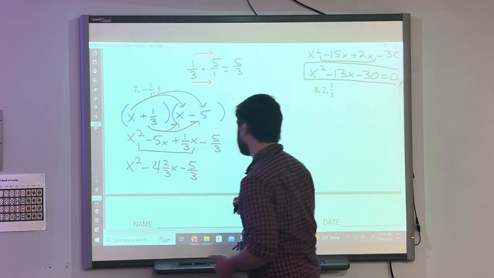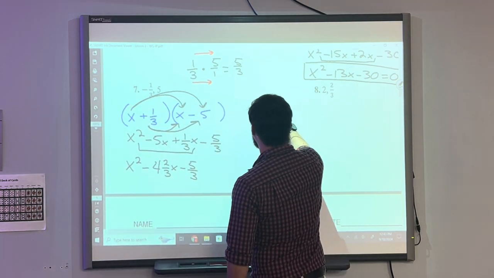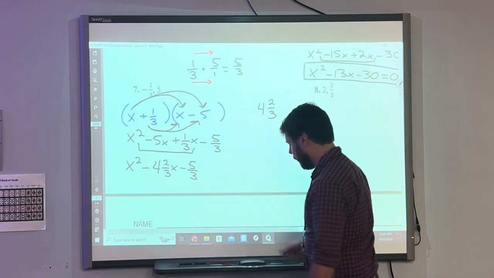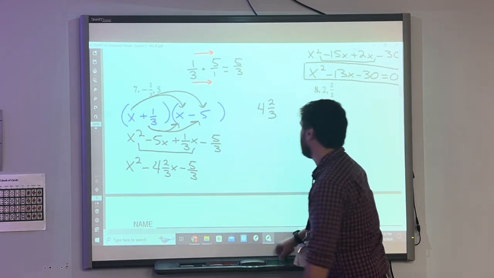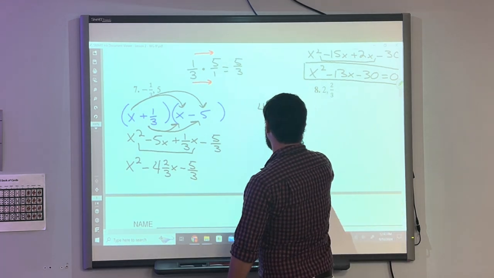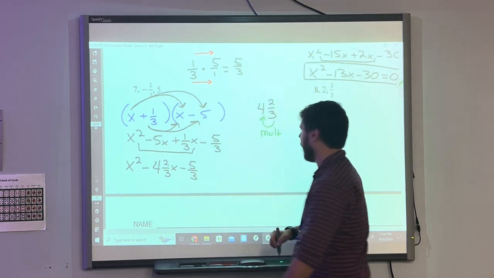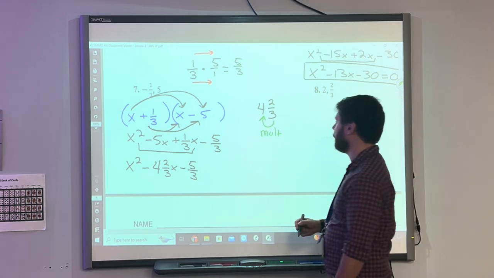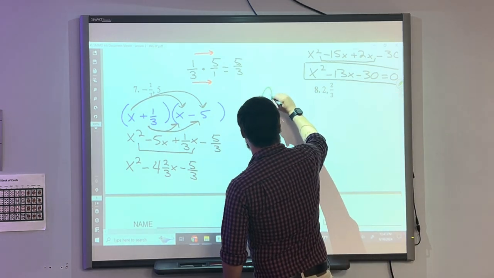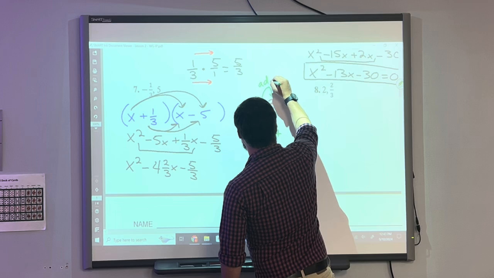If I have a 4 and a 2 over 3, here's how you change it back to an improper fraction. I take the denominator and I multiply it by the solid number in front. I take that and I add the numerator to it. What do I mean?